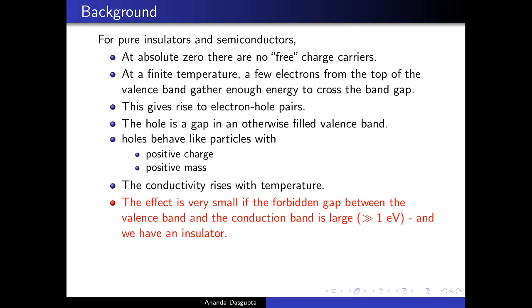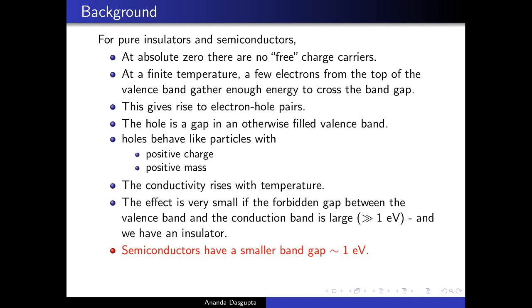Now this effect, this conductivity, is very, very small if the gap between the valency band and the conduction band is rather large, much bigger than 1 electron volt, say 10 electron volts or thereabouts, and then we have an insulator. On the other hand, if this band gap is tiny, of the order of 1 electron volt or less, then even if you raise the temperature by a small amount, you are going to get a reasonable amount of conductivity.